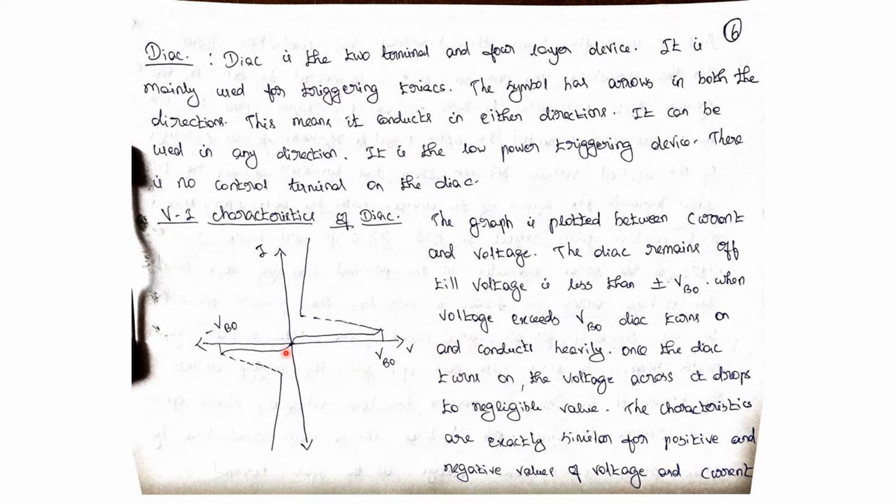Whenever the voltage is greater than minus VBO, that is the reverse breakover voltage, the diac turns on. When it turns on, the voltage across it drops to a negligible value. From this graph we can see that the characteristics in forward blocking mode and reverse blocking mode are exactly similar.